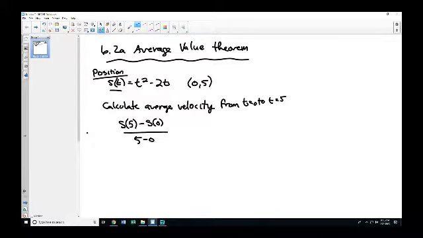Because we're given position, you're asked for average rate of change. 15 over 5. Correct me if I'm wrong there.